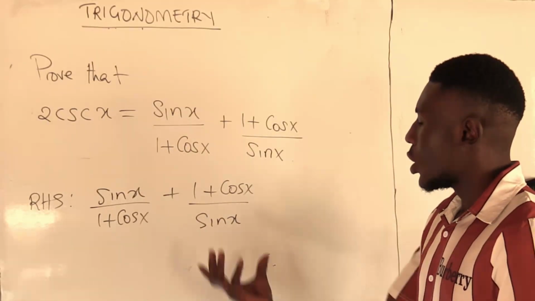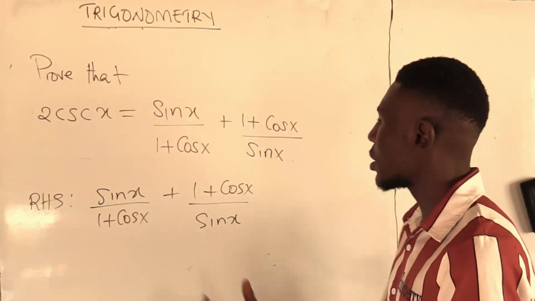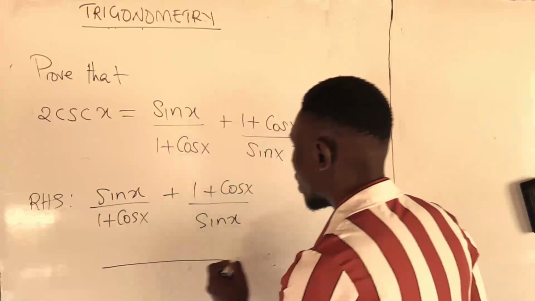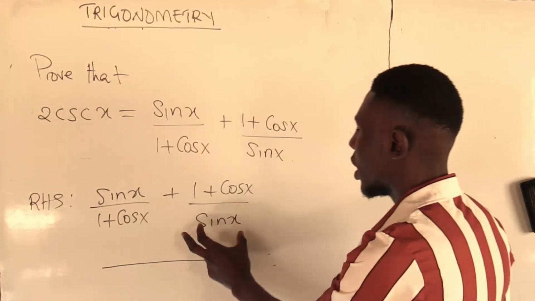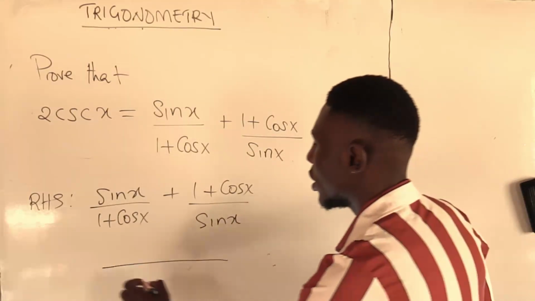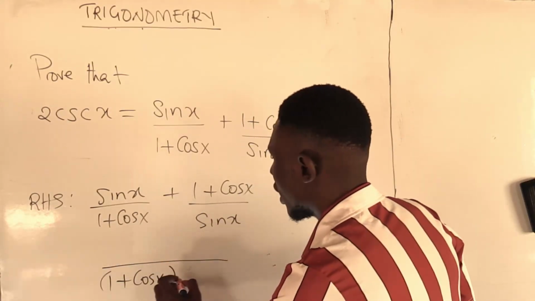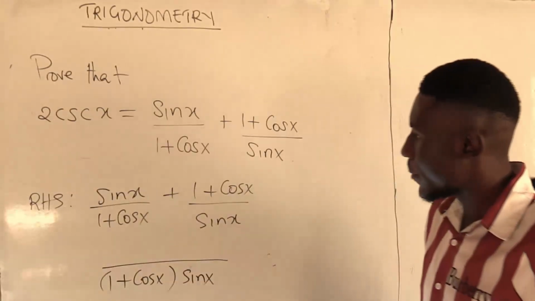As we know, we need to express this as a single fraction, meaning that we need to come up with a common denominator. The common denominator here will just be the product of the first denominator together with the second denominator, so this is 1 plus cos x times sin x. How do you go about it?